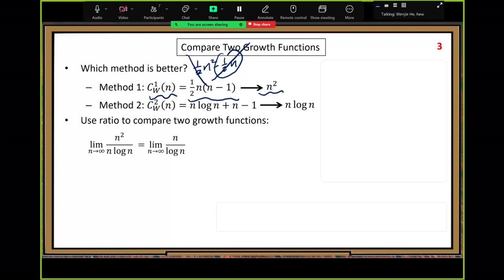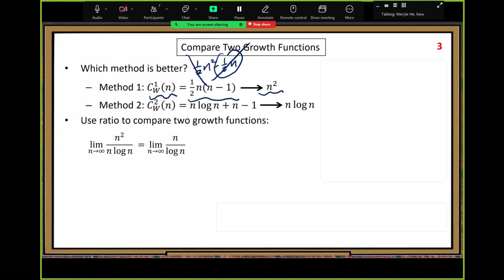So then we need to calculate the limit of n over log n. Here we need to use calculus. So the question, do you have any idea what's the limit, based on calculus?